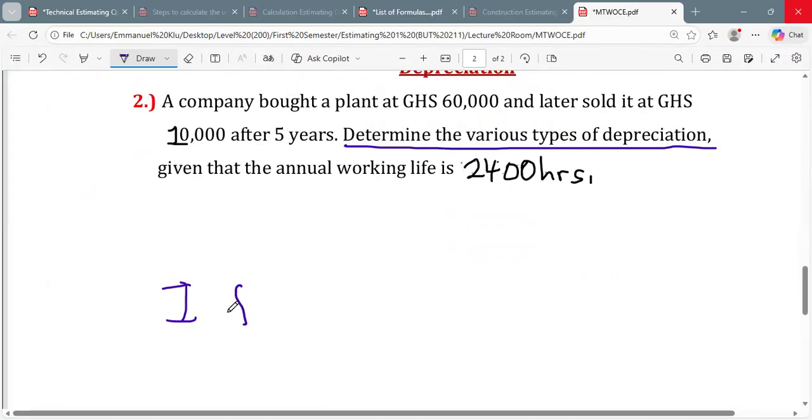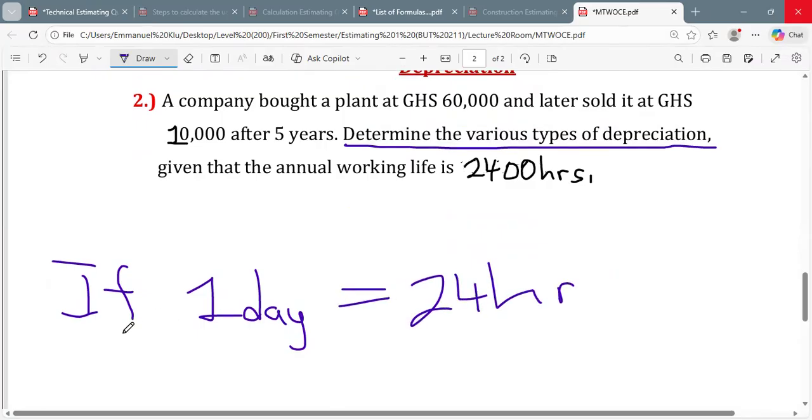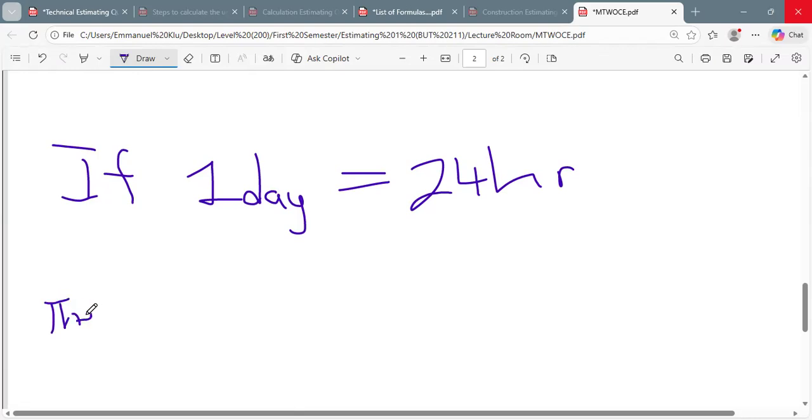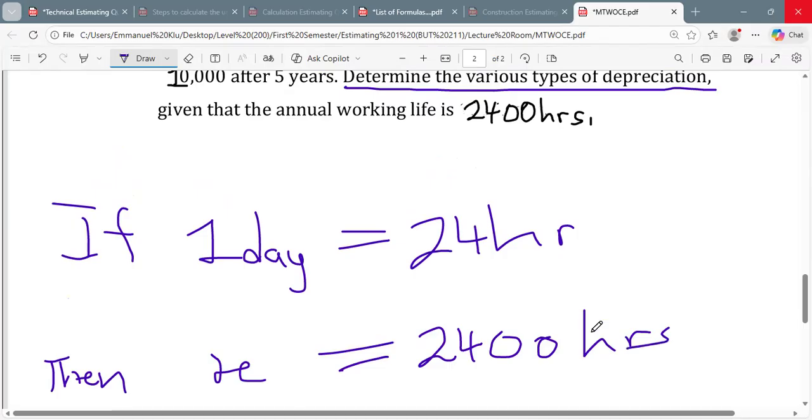Watch. If 1 day is equal to 24 hours, then it means that x is equal to what? 2,400 hours. Okay.